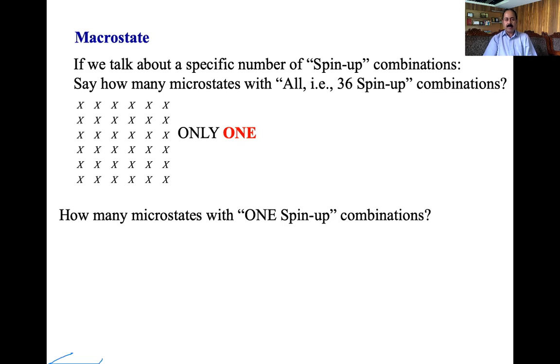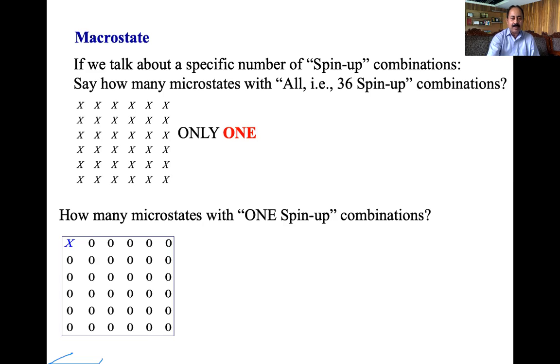Next example, say we want to know when only one spin will be in the up direction. It means that out of these 36 cells, only one will be arranged with spin up. How many ways can we arrange this? You can see here this is the top left cell.